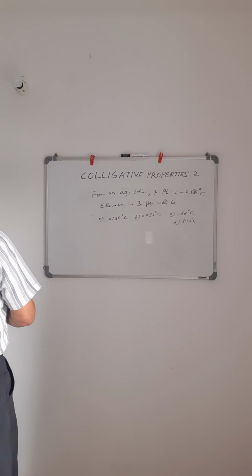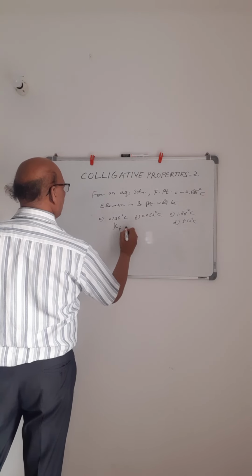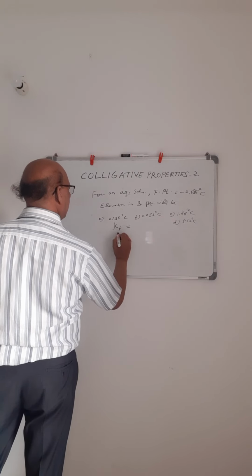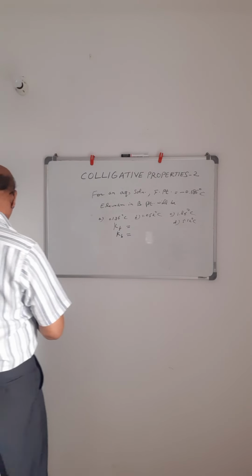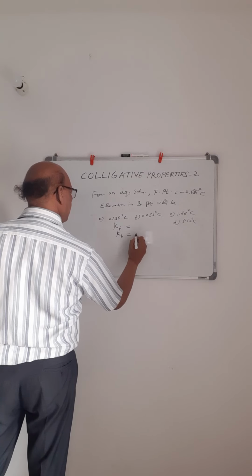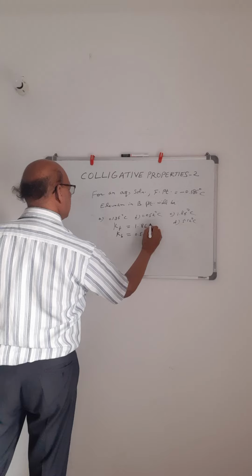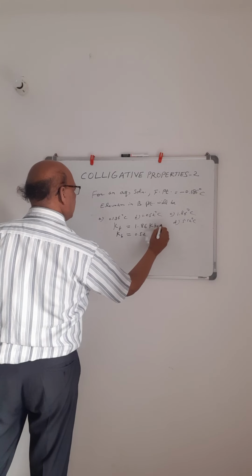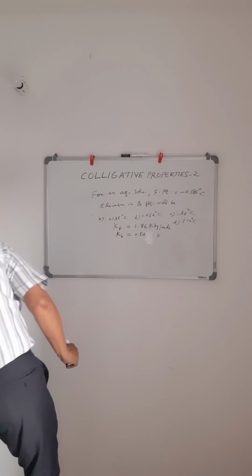Now how will we do it? They have also given the values of Kf, that is the molar depression constant, and Kb, that is the molar elevation constant. This is given as 0.52 and this is given as 1.86 Kelvin kg per mole. The unit will be the same.